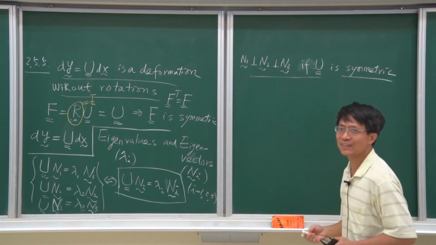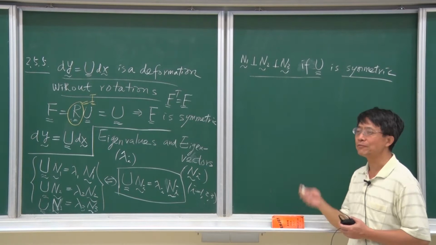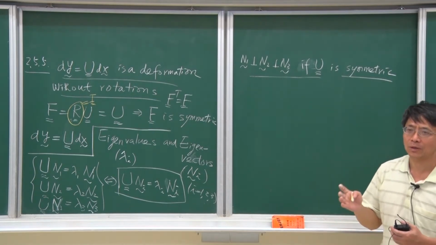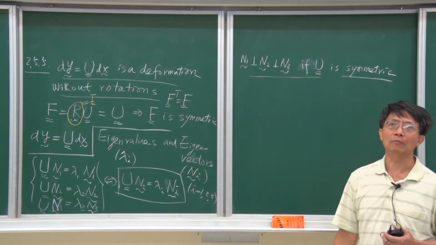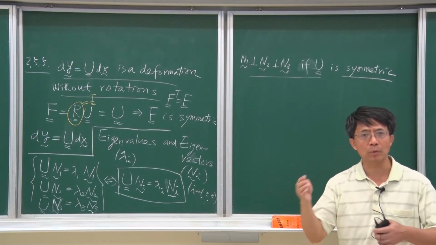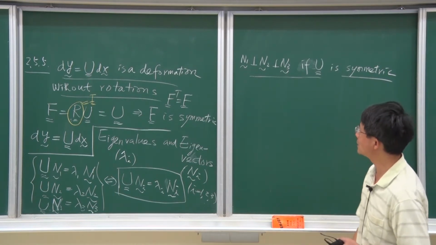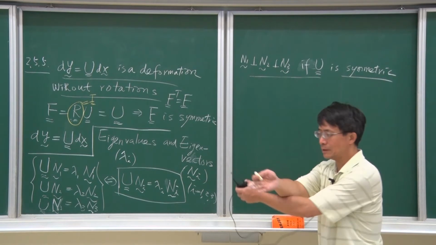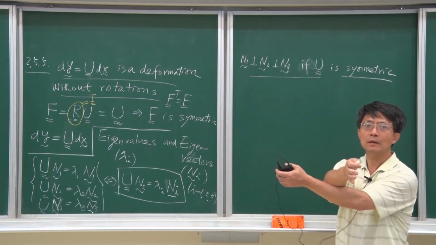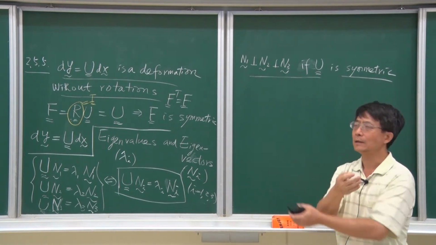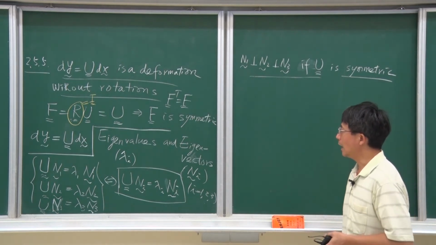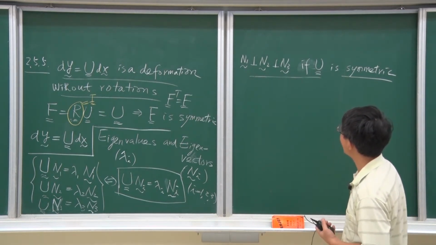We can prove this because if U is a symmetric matrix, then the eigenvectors of U must be perpendicular to each other. Means that they must be at right angles. Okay, 90 degrees.